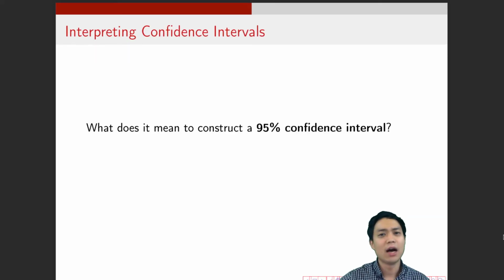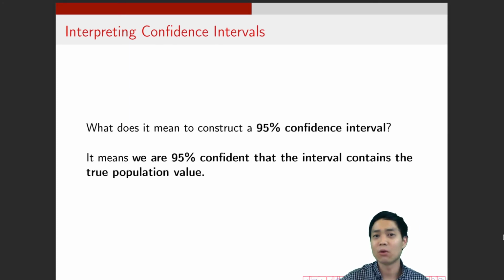All right, so a lot of times we build these 95% confidence intervals. It could be 80, 90, 99, so that percentage can vary. But what does it mean to build, for example, a 95% confidence interval? Well, that means that we are 95% confident that the interval contains the true population value. Remember that what we're trying to capture is that true population value.